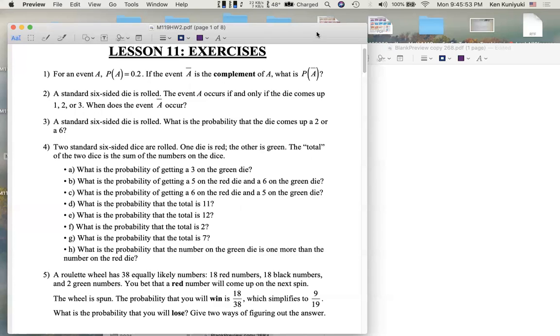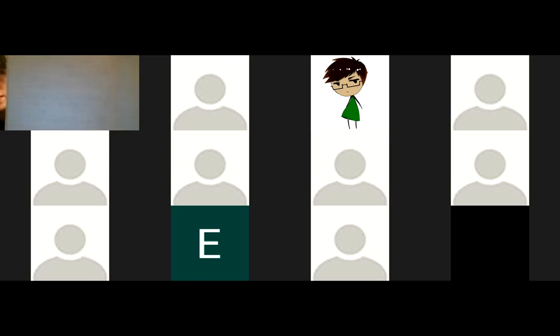Okay, so can you take control? Let me see how this is going to work. All right, can you see that? Okay, I'll put stop share here, and then let me grab you here. How am I going to do this if I want to focus on one student?